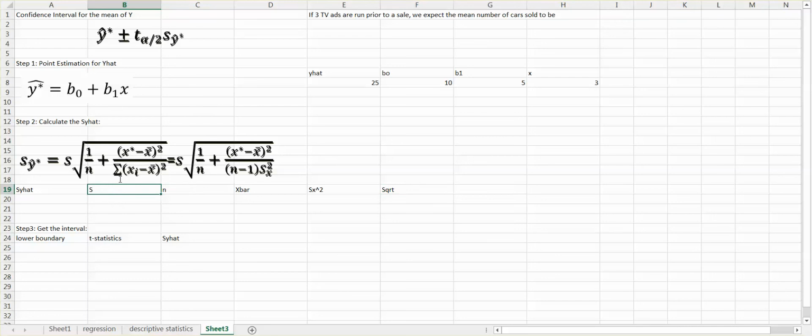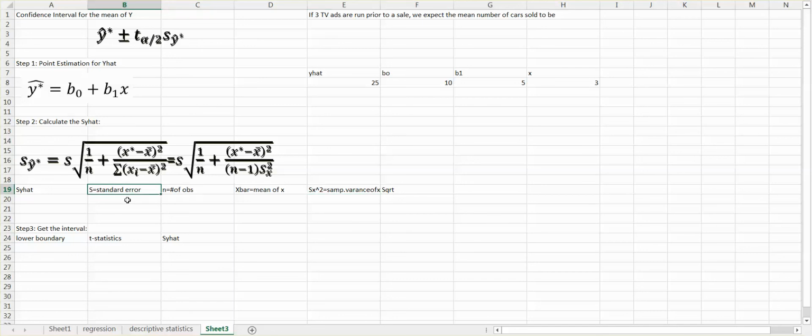So the s actually is our standard error, and the n is the number of observations, and the x bar is the mean of x, and s x powered by 2 is the sample variance of x.